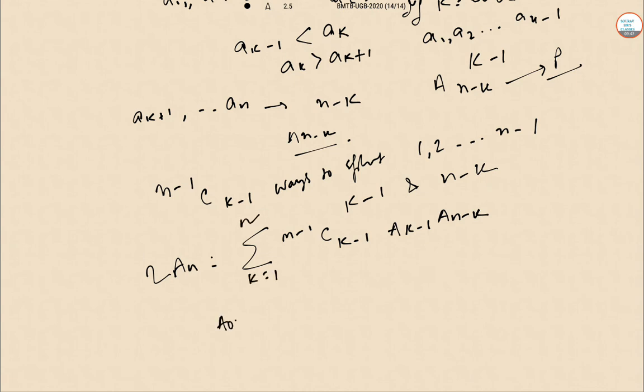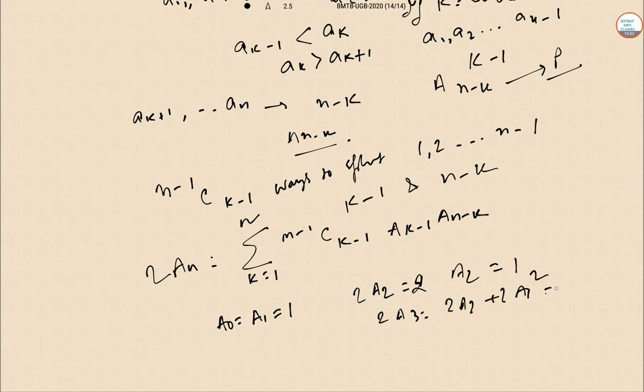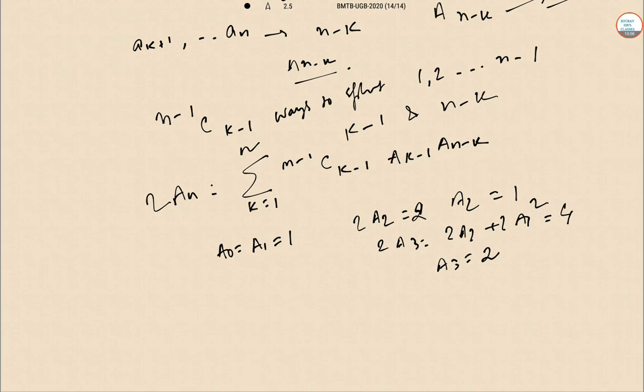Since a0 equal to a1 equal to 1, we compute that a2 equal to 1, and 2a3 is 2a2 plus 2a1 squared. So a3 from this will give you 2, so this was 4. Okay. Similarly, 2a4 equal to 2a3 plus 6a1 into a2, that is equal to 10.